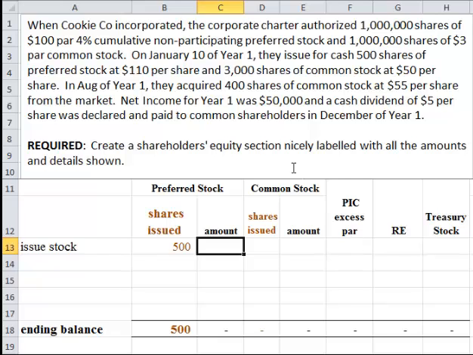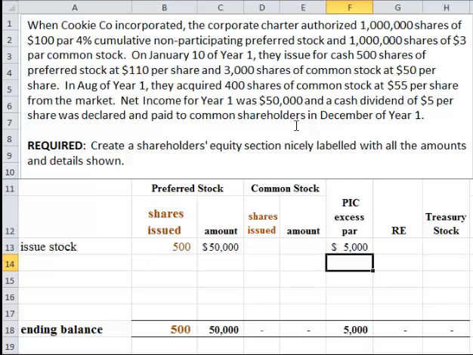So either methodology is okay. I've used one column here just to get it all on the page. Alright, so the par for preferred is 100 and we got 110. So what's going to go in the par account is the par. I can't put anything more. So the $10 that I got in addition to that has to go into the excess of par account. So I did get $55,000, but I have to split it into par and excess of par.